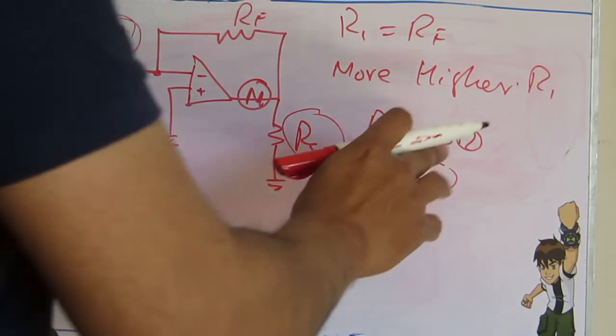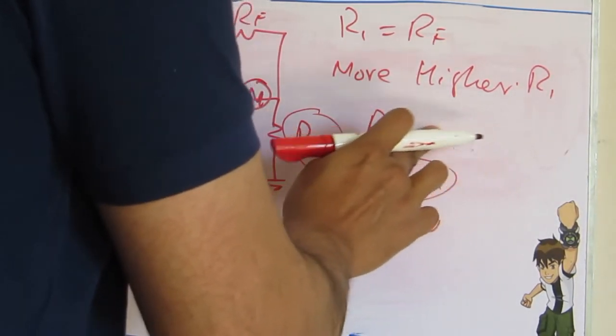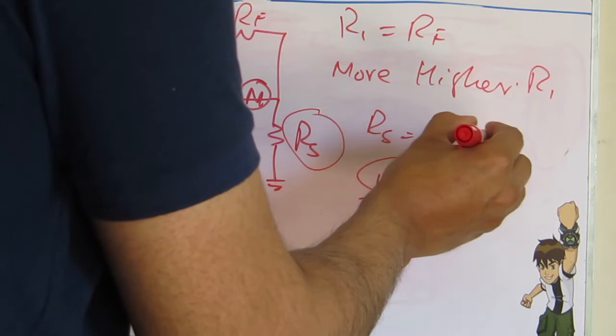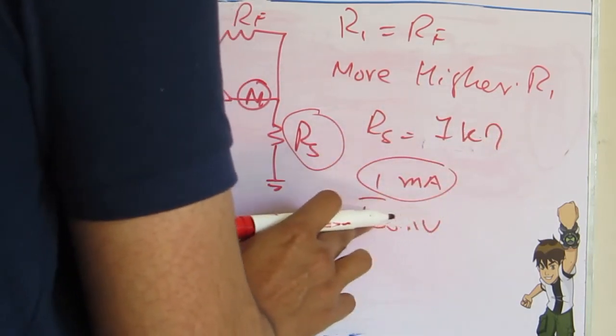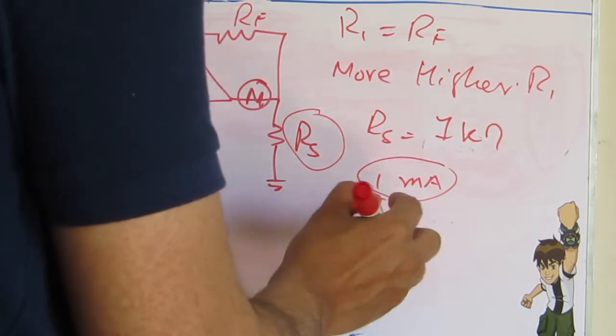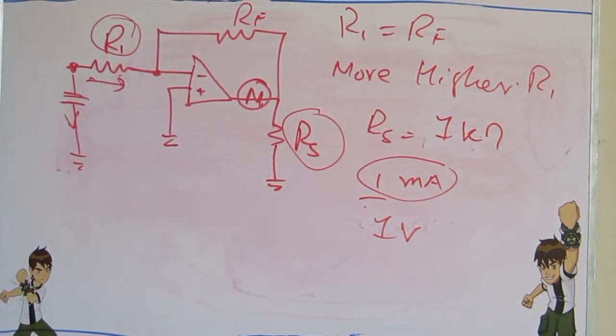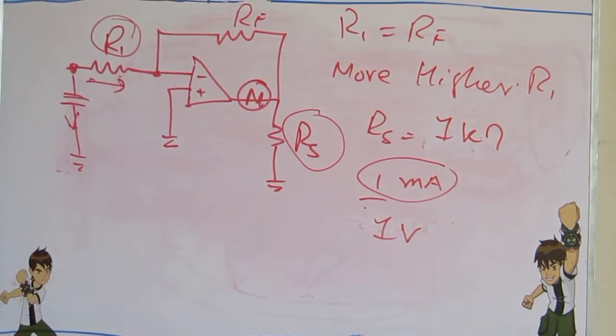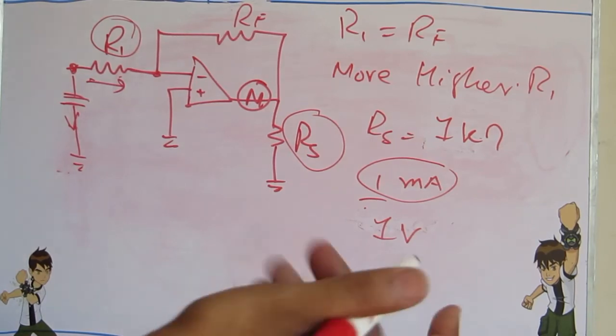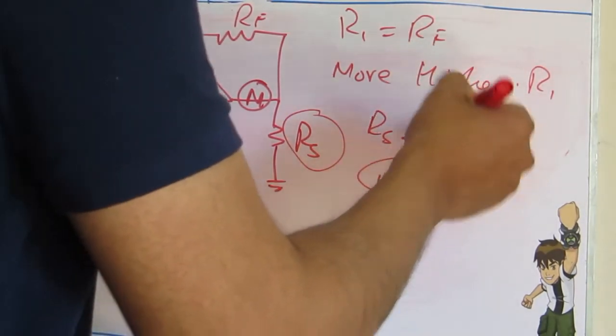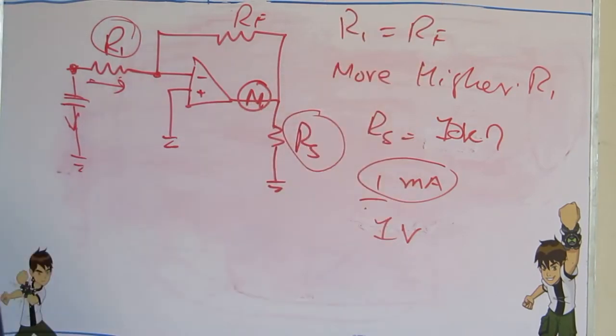If you put 1 kilo ohm, then 1000 millivolts, meaning 1 volt, will lead to 1 milliampere, so now your full scale deflection will represent 1 volt. And obviously you can go for 10 kilovolts and 1 megavolts, whatever.